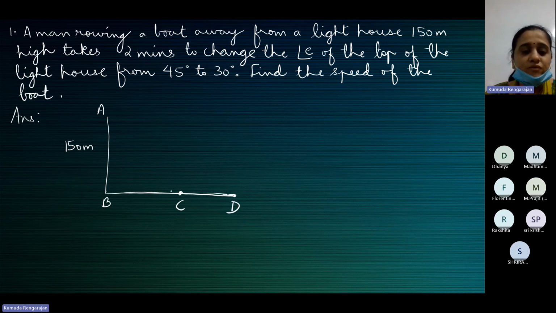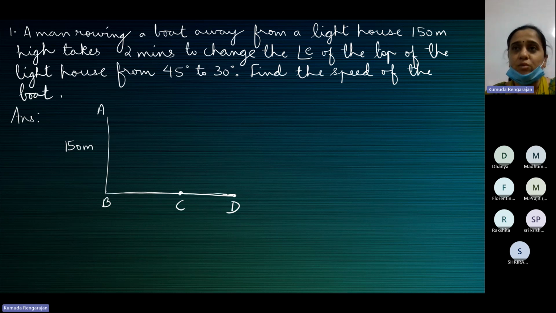From C, the elevation of the top of the lighthouse is 45 degrees. When the boat moves from C to D, away from the lighthouse, the elevation of the top of the same lighthouse is 30 degrees.